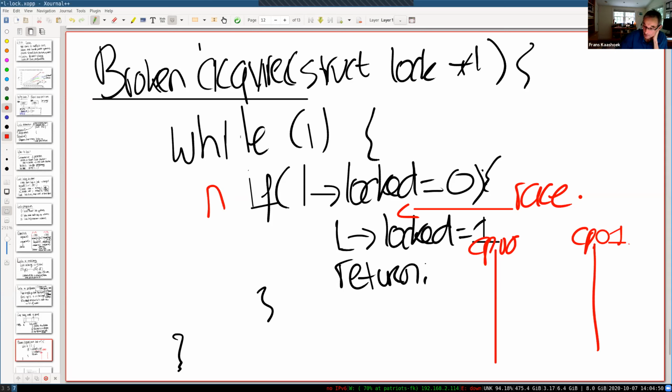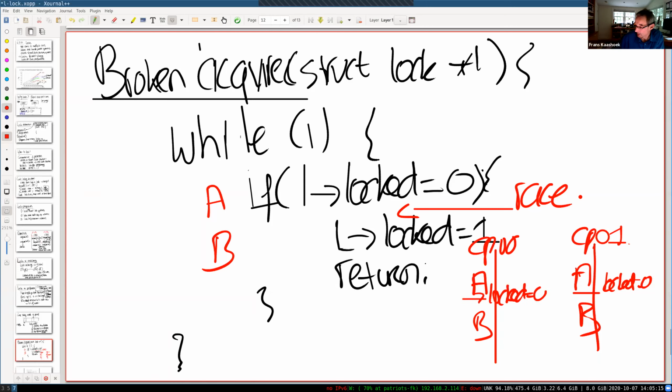This is statement A. Maybe this is statement B. CPU 0 and 1 both reach statement A, so they both see locked being 0, and then they both execute B. And so they both execute statement B, and now both have acquired the lock, which violates the spec of this particular function. Does this make sense?